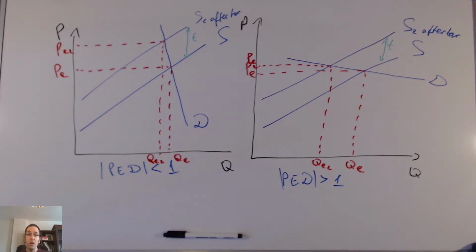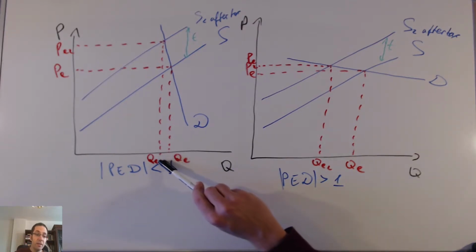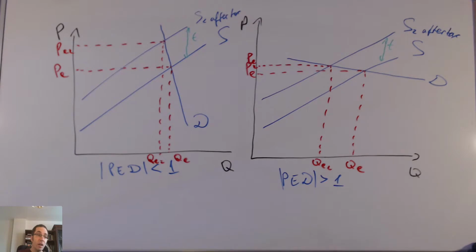For example, petrol that we use to run our cars. If our car is running on regular petrol, it would be quite expensive to actually modify the engine so that it can run with another fuel, which explains why we continue buying petrol despite the fact that it's heavily taxed. So the result of that is we have a relatively small decline in quantity demanded and a relatively large increase in the price.